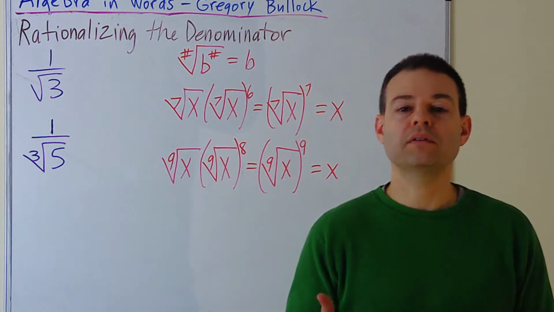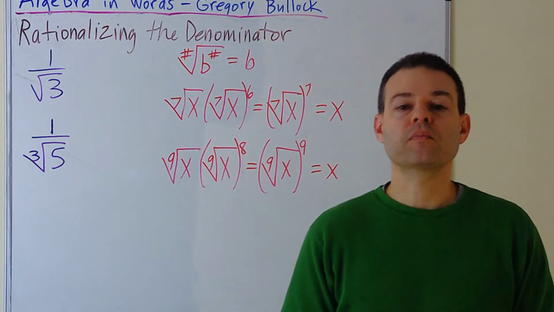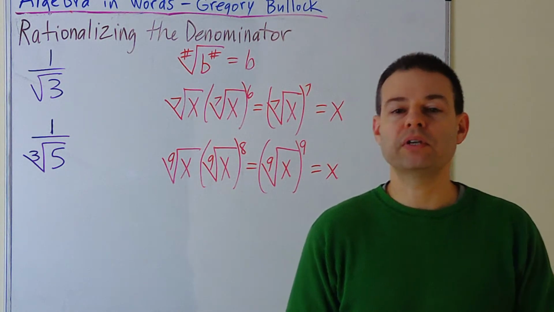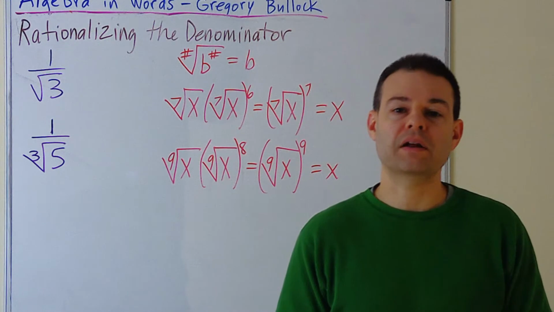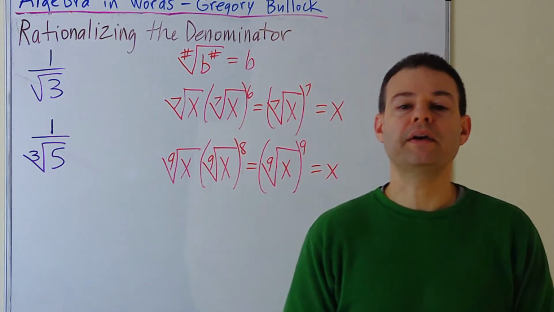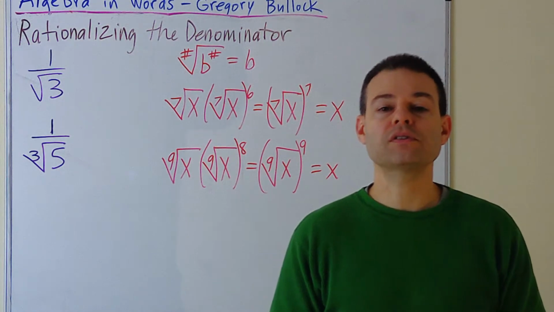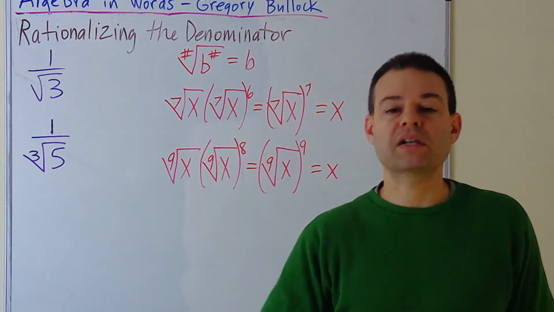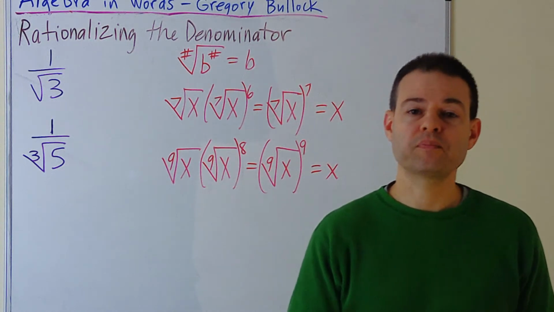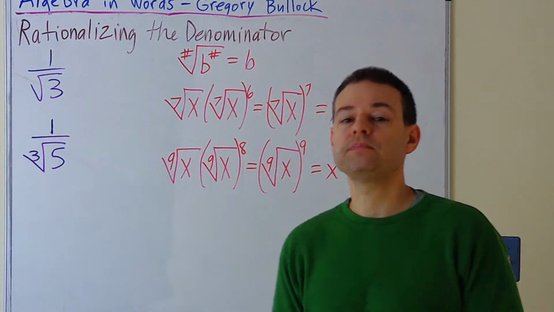There's types with one term in the denominator, and then there's also times when there are multiple terms. Really, you'll probably only deal with binomials with radicals in the denominators. I'm going to show how to simplify one term in the denominator first, and then we'll look at how to rationalize a denominator with a binomial with radicals second. So anyway, let's get started.